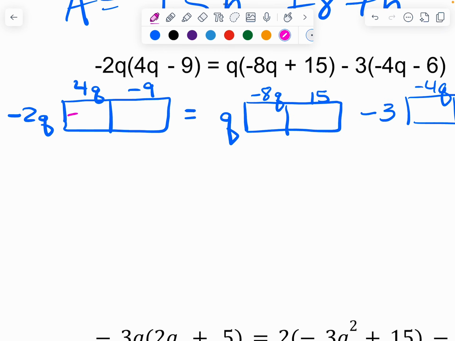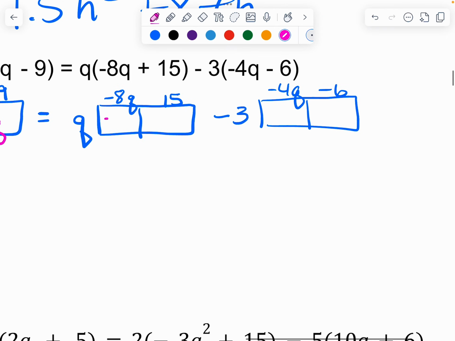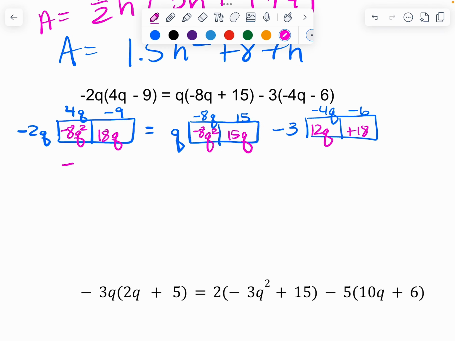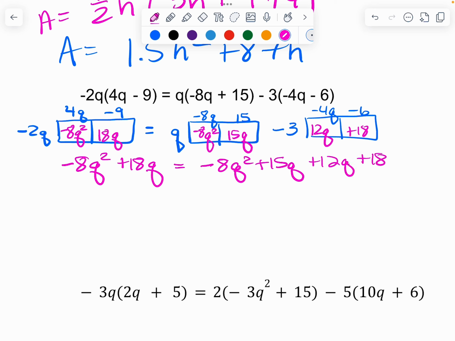Okay, so if I multiply this, I get negative 8q squared, and I get 18q. Over here, I get negative 8q squared, and I get 15q, 12q, and plus 18. Okay, so if I was to write this, I have negative 8q squared plus 18q equals negative 8q squared plus 15q plus 12q plus 18.